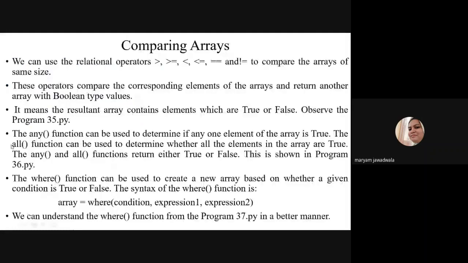The first one is comparing arrays. We can use the relational operators like greater than, less than or equal to, and not equal to, to compare arrays of the same size. The condition for comparing two arrays is that the size of the arrays should be the same, meaning the number of rows, number of columns, and dimension of the arrays are the same.